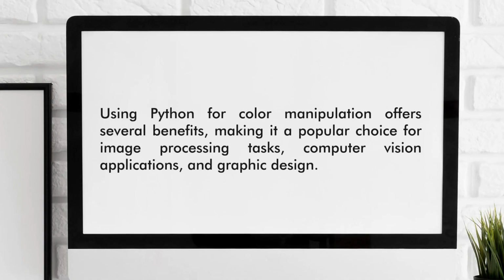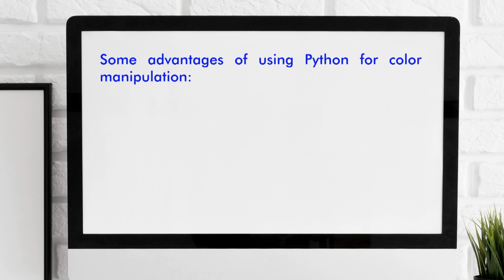So, what are the benefits of using Python for color manipulation? Using Python for color manipulation offers several benefits, making it a popular choice for image processing tasks, computer vision applications and graphic design. Here are some advantages. First is extensive libraries, in which Python has a rich ecosystem of libraries specially designed for image processing and computer vision, such as OpenCV, Pillow, Scikit-Image and NumPy.